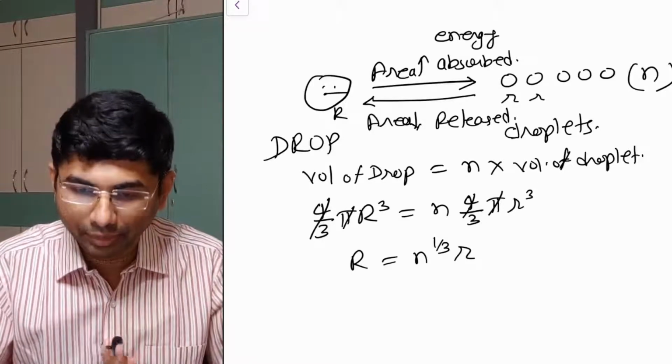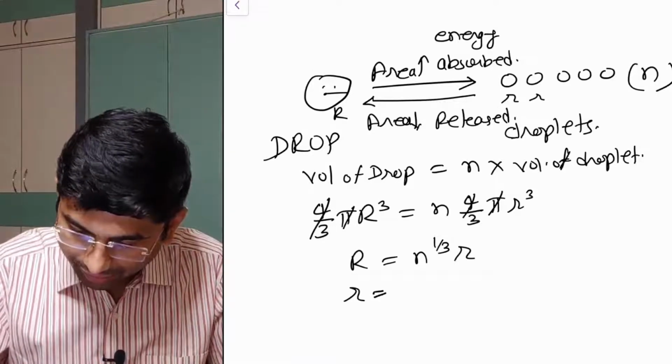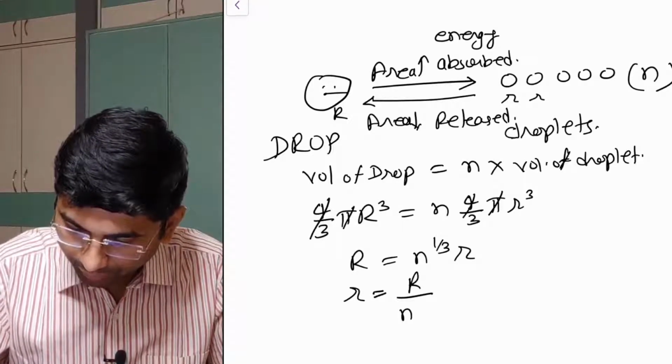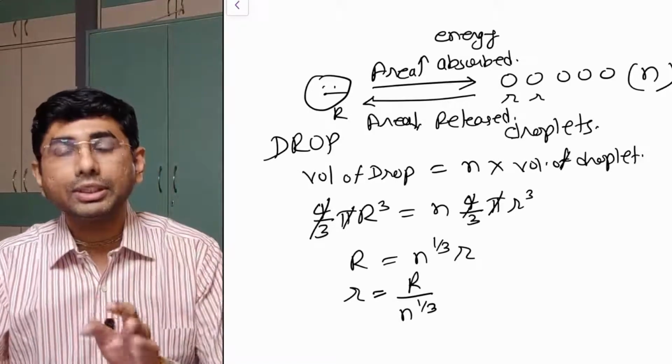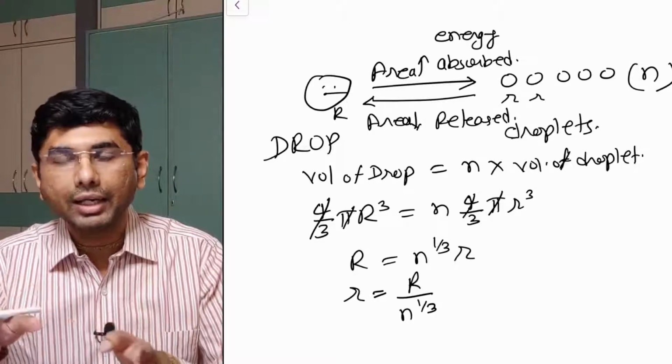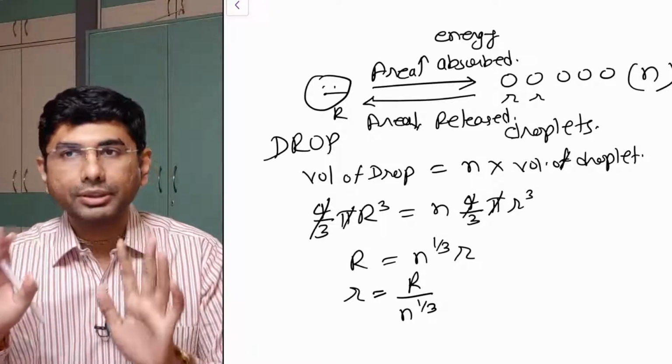This is one relationship I am getting. Another relationship, in terms of R, is r is equal to capital R upon the cube root of N. This is the relationship between R and r in terms of N.